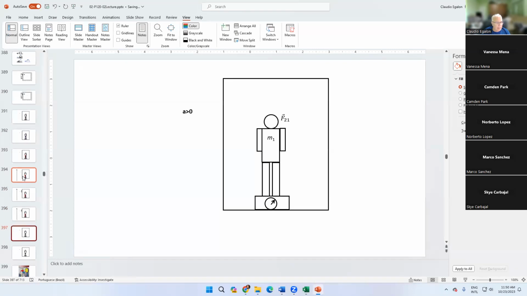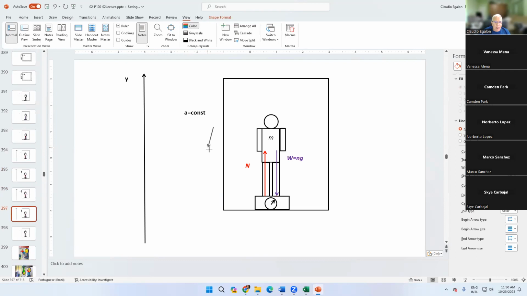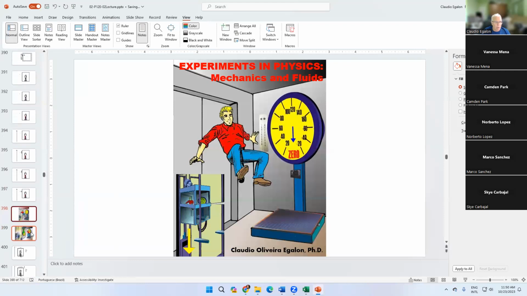But now the acceleration is going to be downwards.